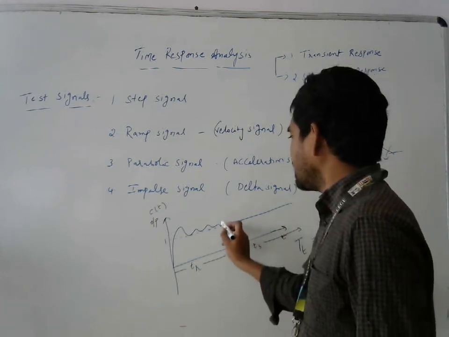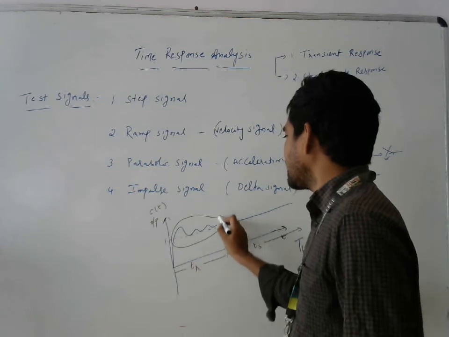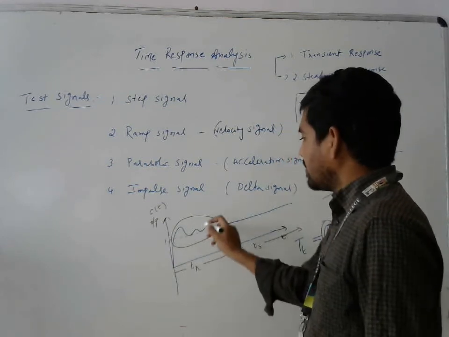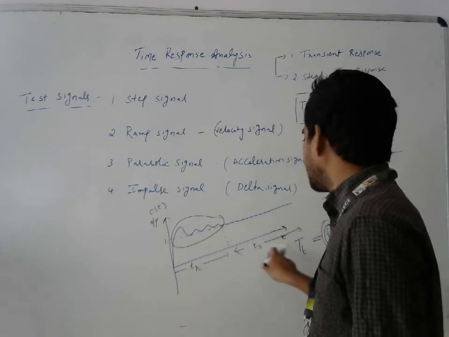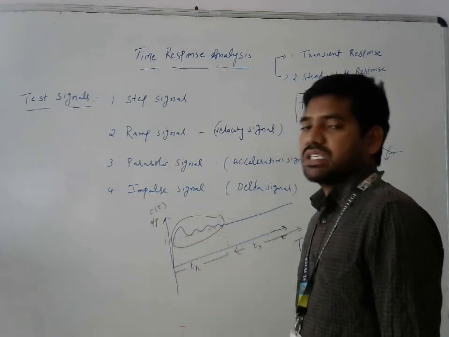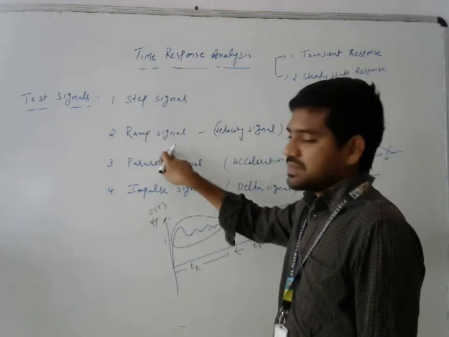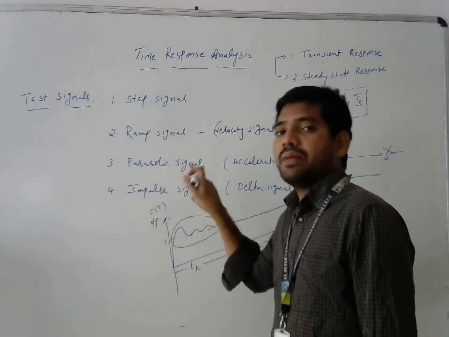See here, it will take some time. That means it will be fluctuating for some time, right? How it fluctuates depends upon the input. What input signal are we going to give? We can give a step signal, ramp signal, parabolic signal, or impulse signal.